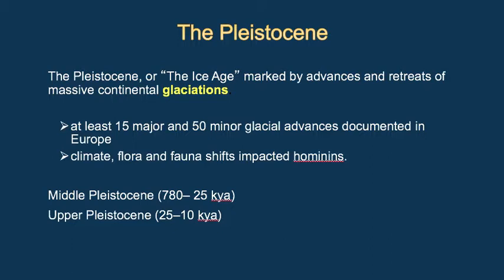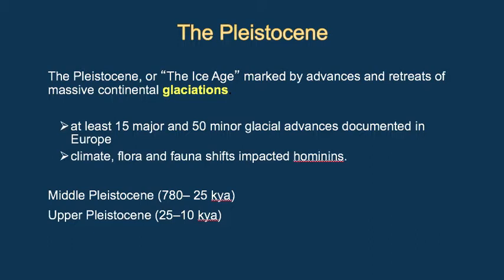And what's corresponding with these glacial advances and retreats is pretty dramatic climate changes. We have climate changes happening globally, not just in Europe, and this affects both flora and fauna, which in turn impacts hominins.